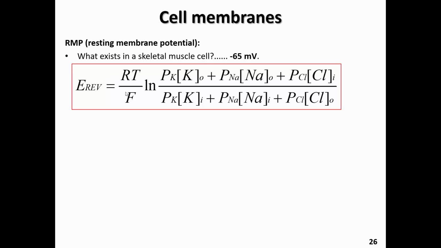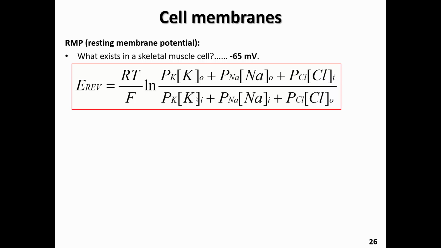Here we take into consideration simultaneously the actions on the environment with respect to the actual driving force for various ions. In this equation, we're simultaneously considering the concentration of potassium, sodium, and chloride, whether it's outside the cell or inside the cell.